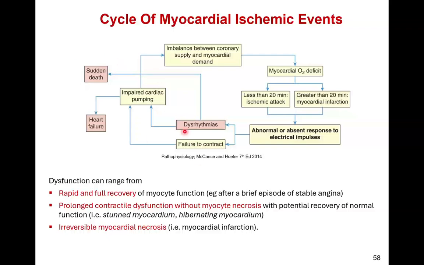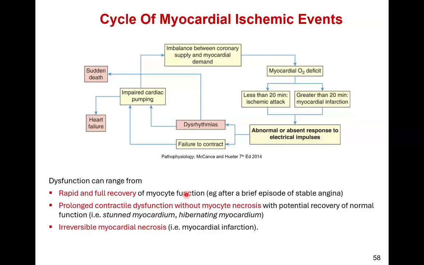You may also have issues with pumping that can lead to heart failure. Right? In terms of the range of effects on the myocardiocytes, you can have complete recovery, you can have contractile dysfunction, or you can have myocardial necrosis or cell death. So you can have a range of effects on the myocardium.